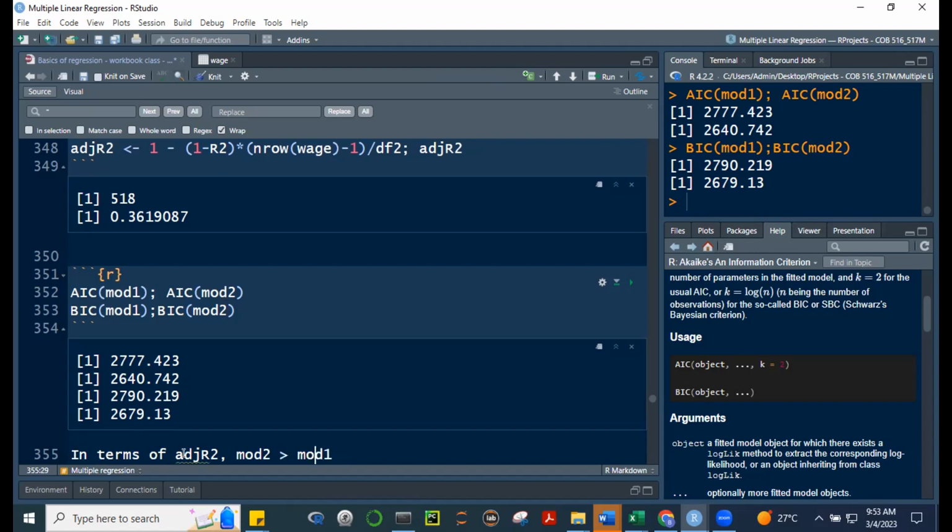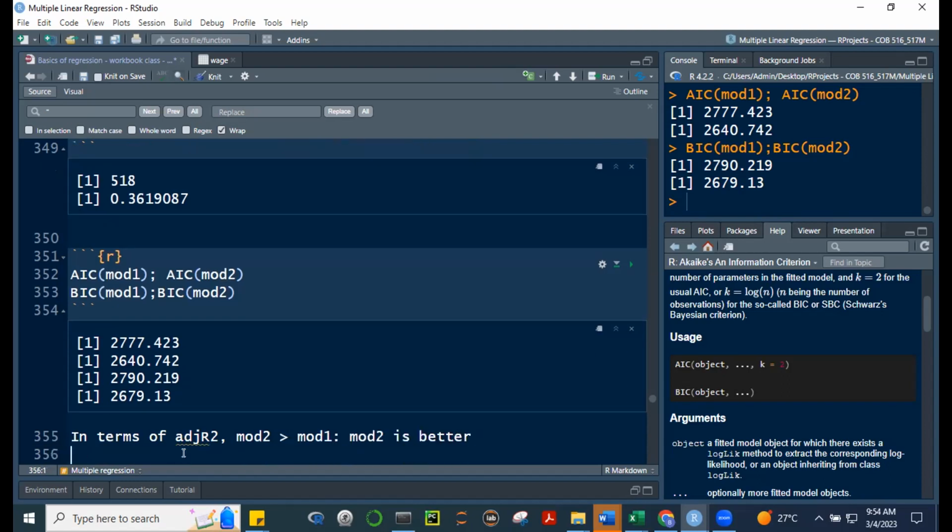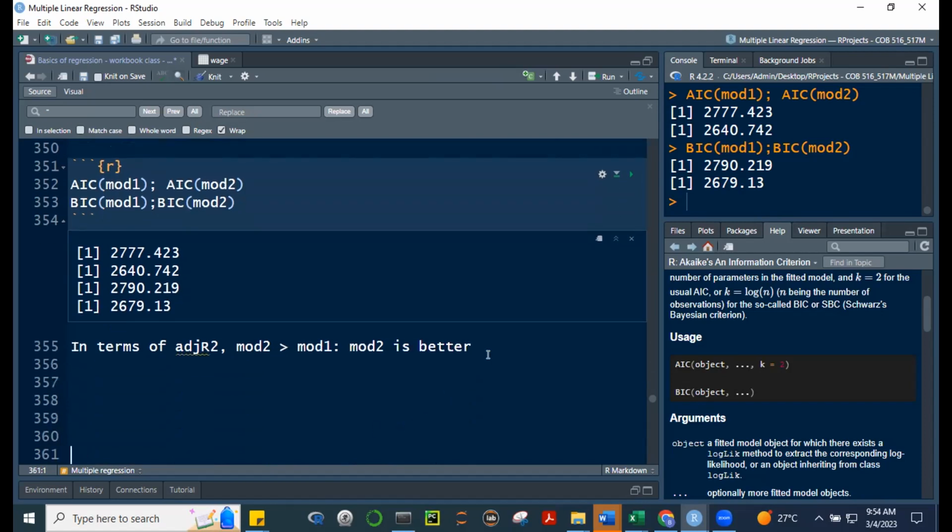Therefore, our conclusion is model 2 is better in terms of our adjusted R squared. Now also in terms of both AIC and BIC, model 2 is less than model 1 for both.